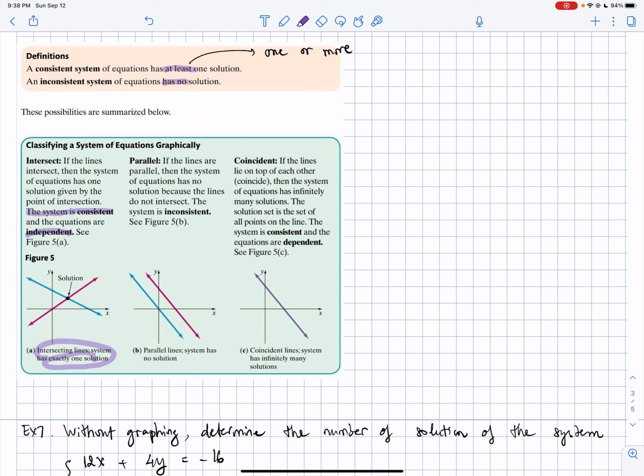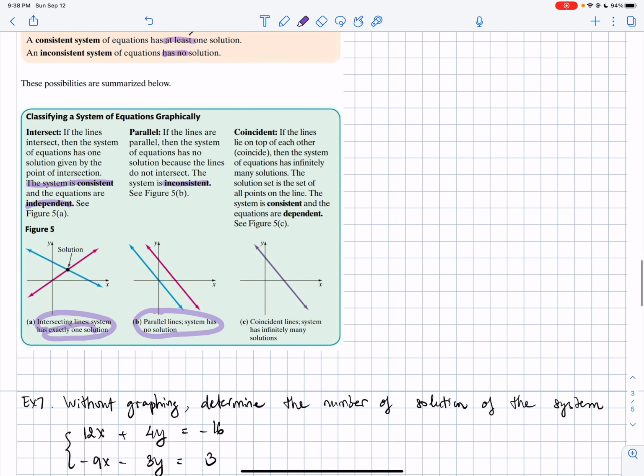In the second case, where the two lines are parallel, we will have no solution and we will say the system is inconsistent. And the third case, where we have coincident lines, that means the two lines are identical, then the system is consistent and the equations are dependent.